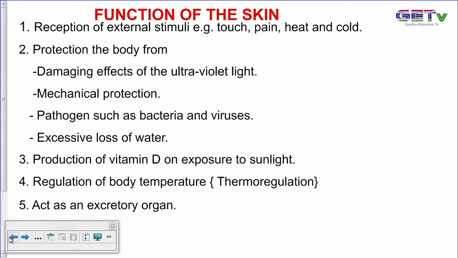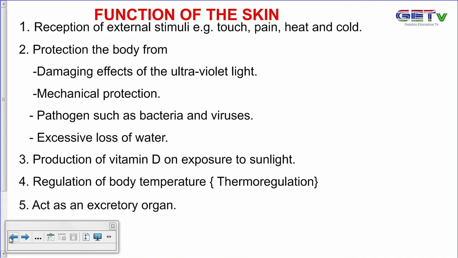And also, the skin protects our body from excess loss of water. The water in the body is prevented from being lost by the skin. Another important function is that the skin provides us with vitamin D. When we are exposed to sunlight, we have vitamin D, and also it helps in regulation of our body temperature.